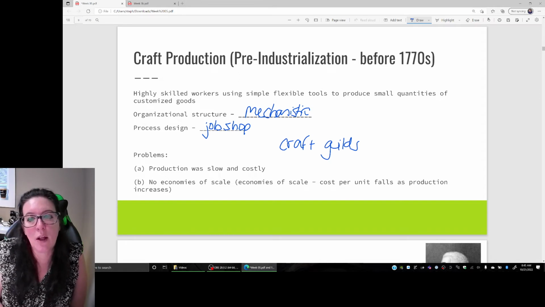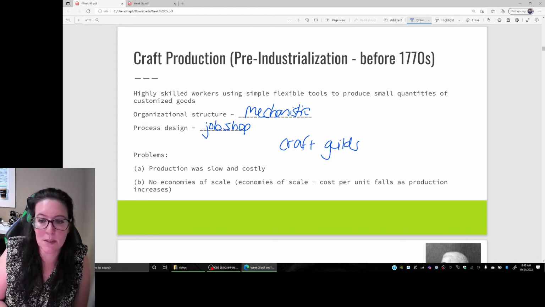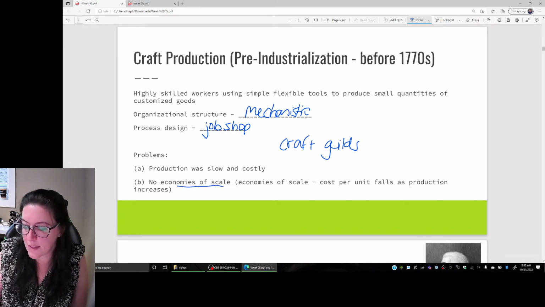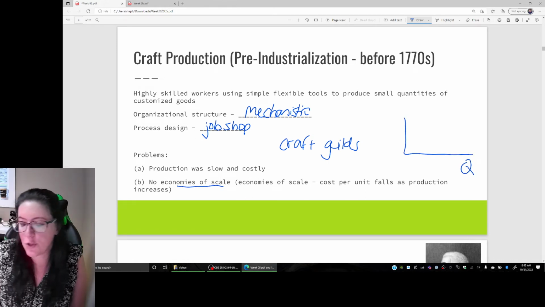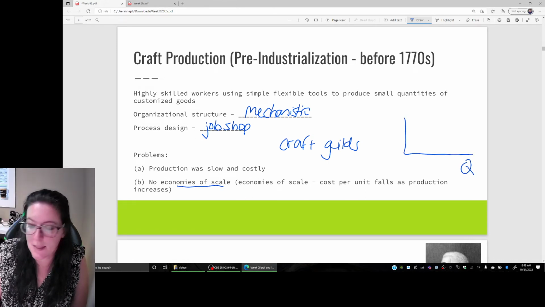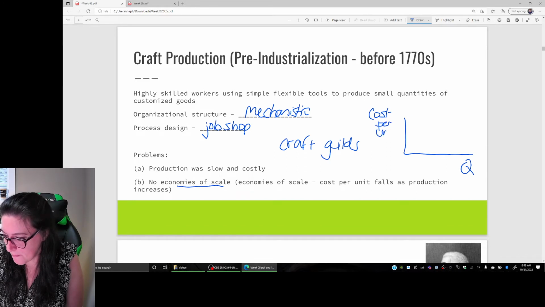Now, the challenge with this is that production is slow and costly because everything is made specific for a person, and there's no economies of scale. So the idea behind economies of scale is that as you produce a greater quantity, your cost per unit goes down.